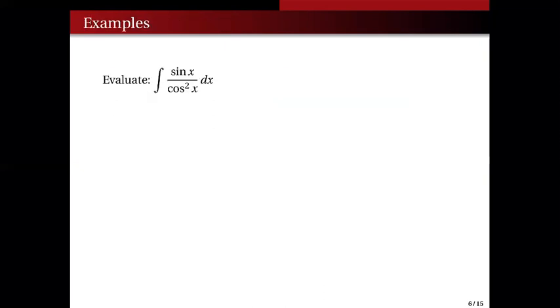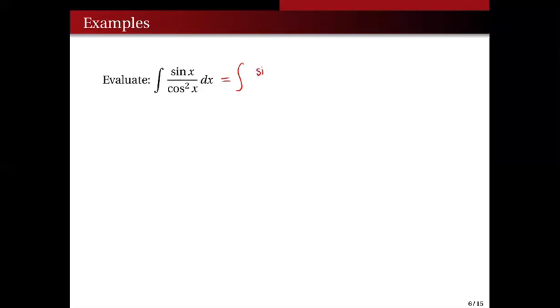Okay, let's start with some problems. We want to evaluate the integral of sine x over cosine squared x dx. What we can do here is to rewrite cosine squared x as cosine x times cosine x.